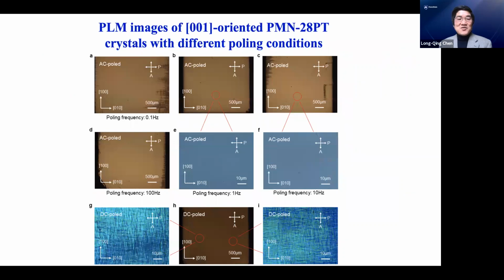We also tried different frequencies of poling, and here we show almost the same result. So it's pretty robust. You can use frequencies from 0.1 hertz to 100 hertz. In the end, it almost looks like a single domain from the top, right? And the bottom shows the DC poled, which still has much finer domain structures.